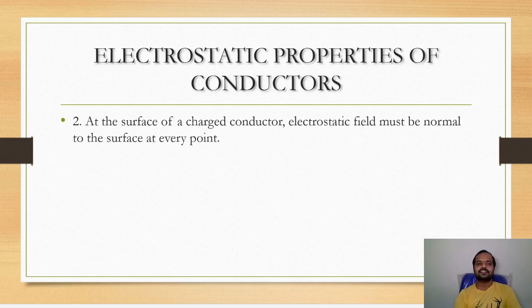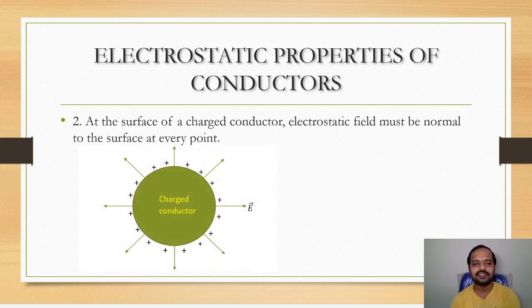So next we go to the second property. The second property states that at the surface of a charged conductor, the electrostatic field must be normal to the surface at every point. So to understand this, let us have a diagram. In this diagram, you can see that the electric field direction is always in the radially outward direction with respect to the charged conductor.